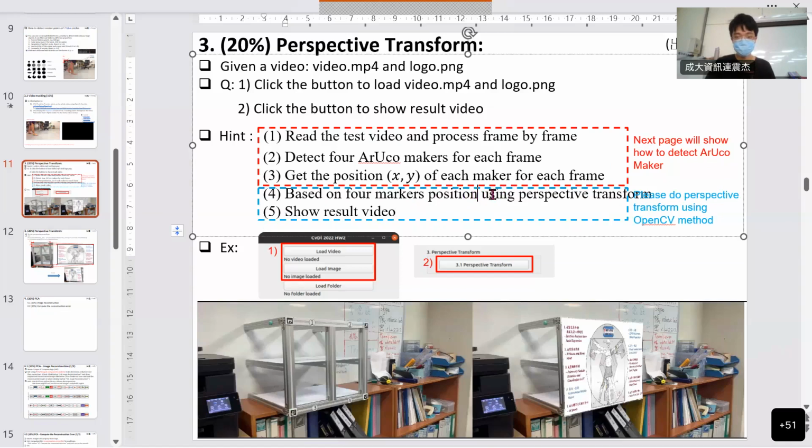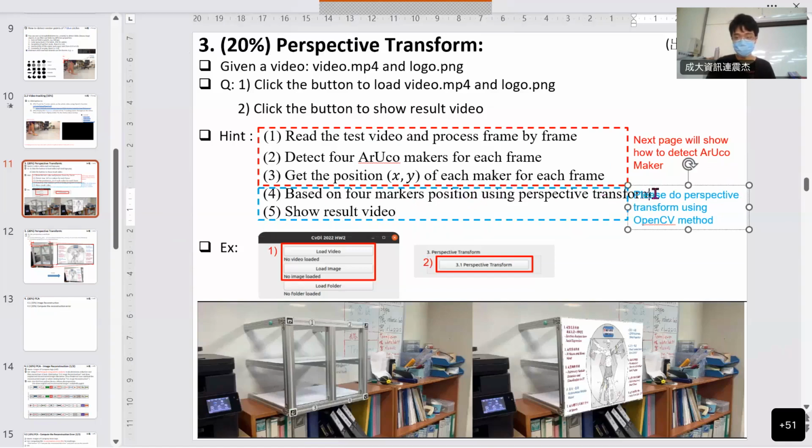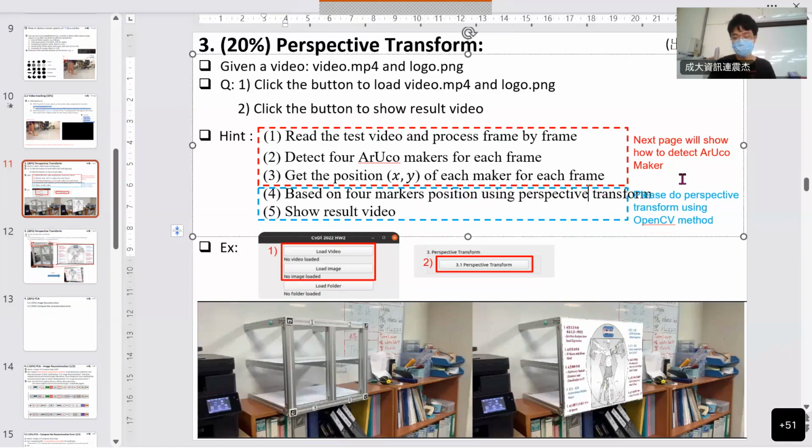For each frame. I think you go back and rewrite this English, otherwise it's not easy to understand. These are four marker positions. Map from the logo to these four marker positions.